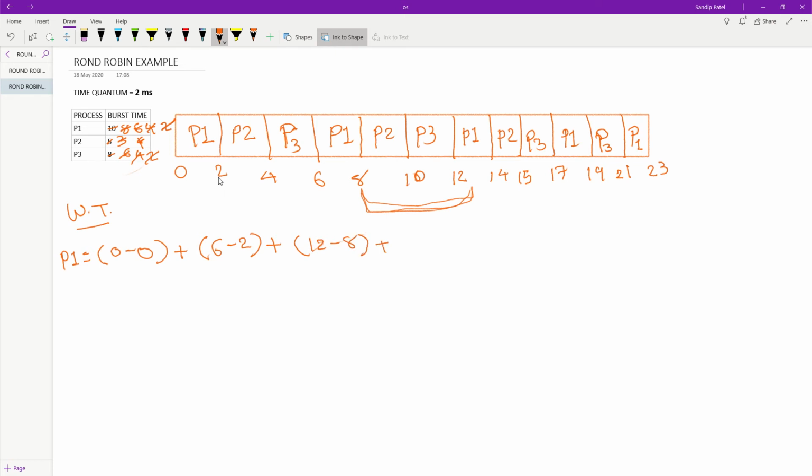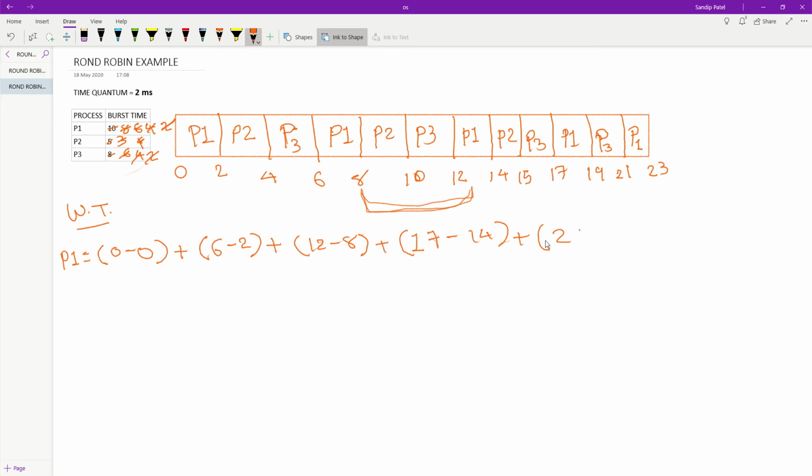Again process P1 swaps out at 14 millisecond and swaps in at 17 millisecond. So 17 minus 14, plus it again swaps out at 19 but swaps in at 21.